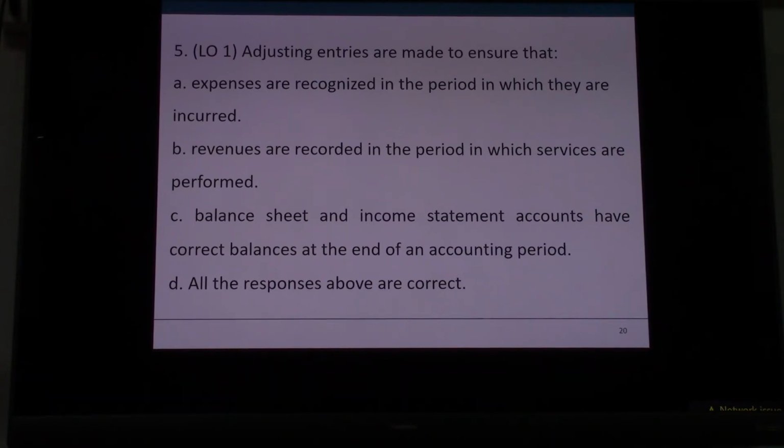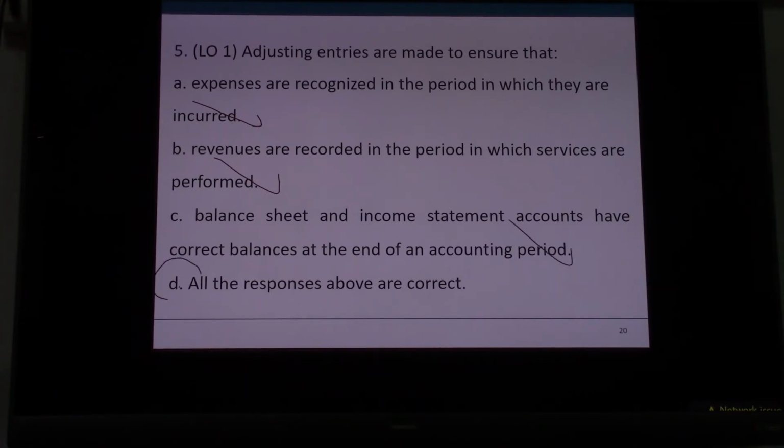Question number 5. Adjusting entries are made to ensure that expenses are recognized in the period in which they are incurred. Yes. Revenue is recorded in the period in which services are performed. True. Balance sheet and income statement accounts have correct balances at the end of the accounting period.